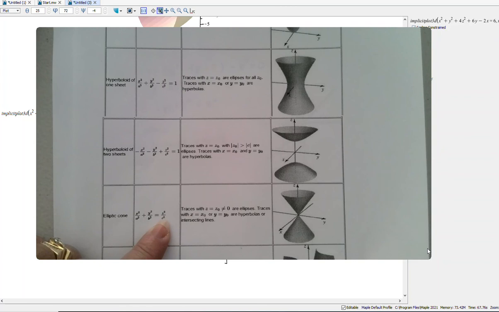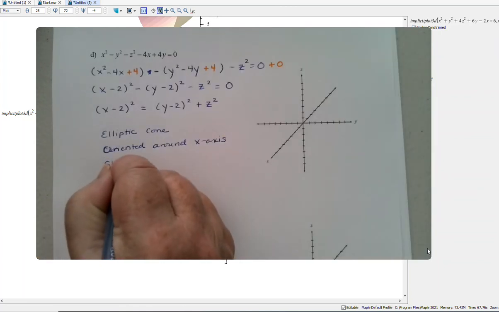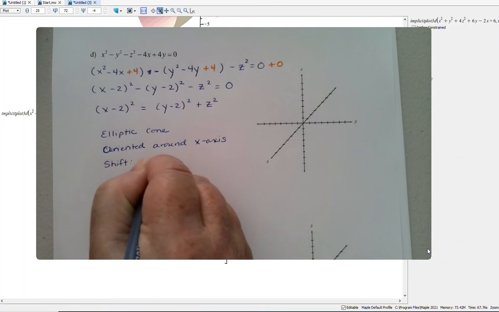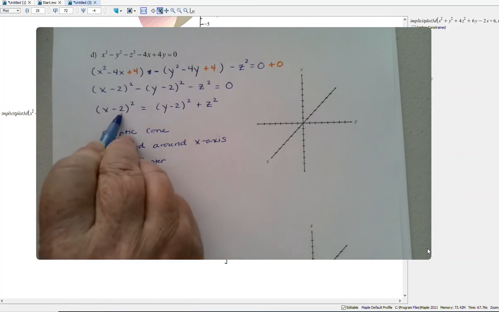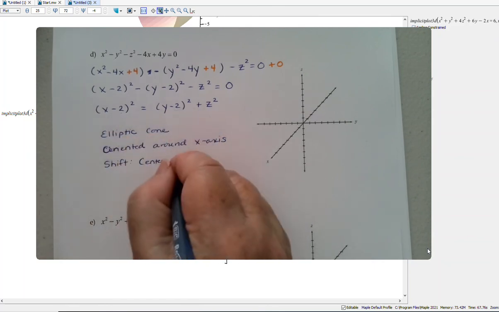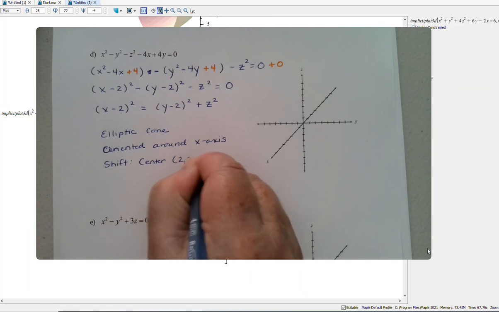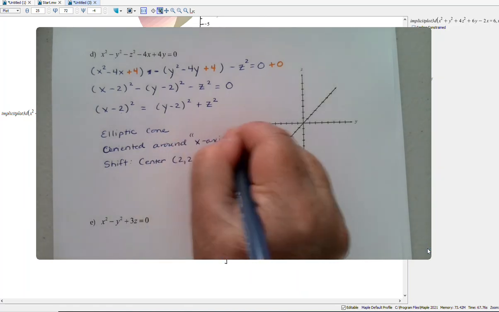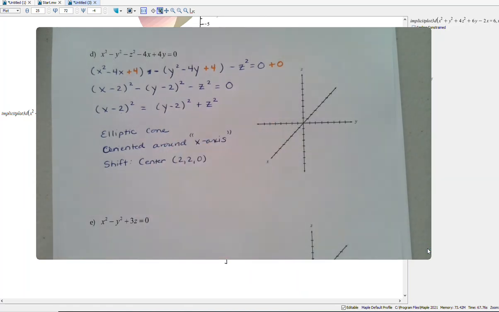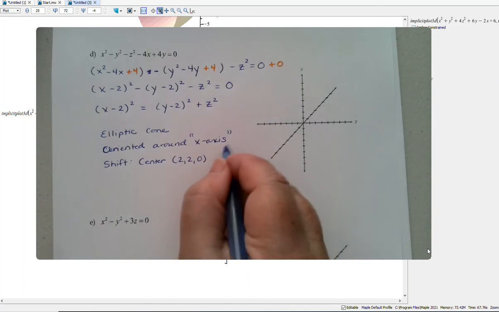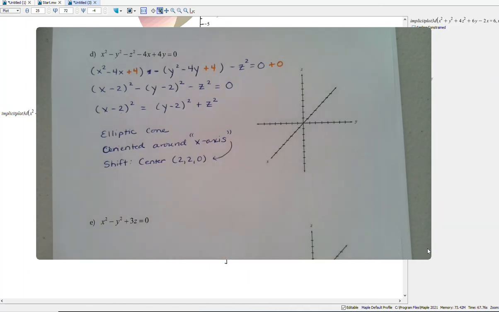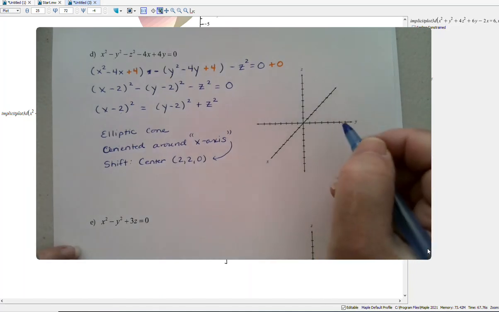But then we also have a shift. The new center is going to be 2, 2, 0. So when I say it's oriented around the x-axis, it's actually going to be oriented around the shifted x-axis, not the true x-axis.